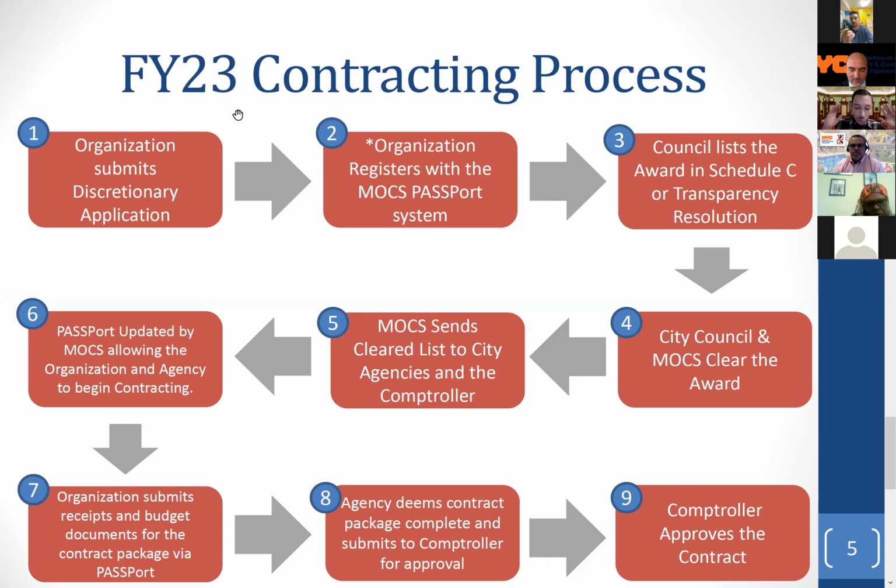So what you do is, once you receive your funding, go to be cleared. Once you get cleared, definitely touch base with the agency, inform them how you intend to spend the money. Once your organization is cleared by the council and by MOX and entered into Passport, MOX has put in a safeguard for you guys.